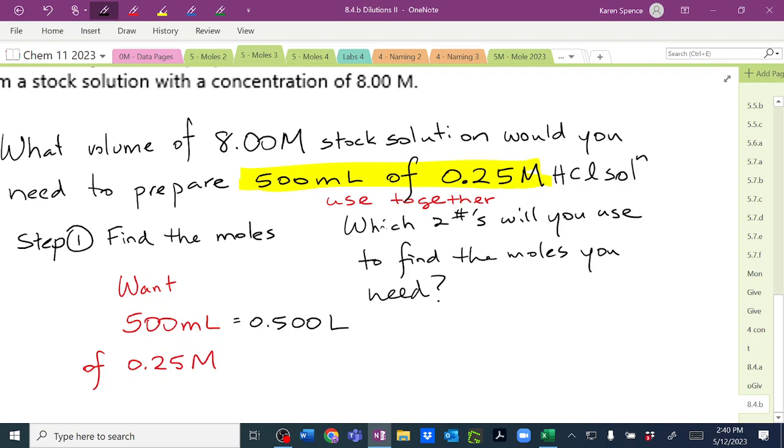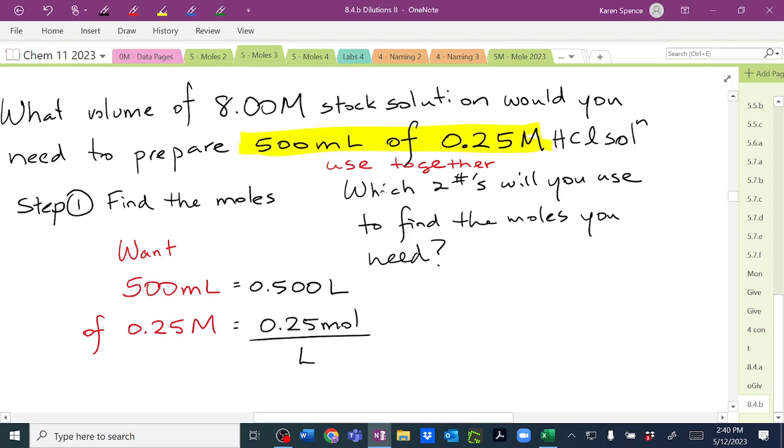So just assume that even if we don't draw a dot after it, you've got 3 sig figs. How should we rewrite 0.25 molar? 0.25 moles over liters. So you have to make sure when you're doing these dilution problems that you're matching up the volumes, yes?